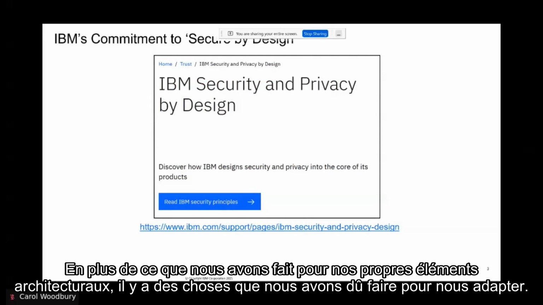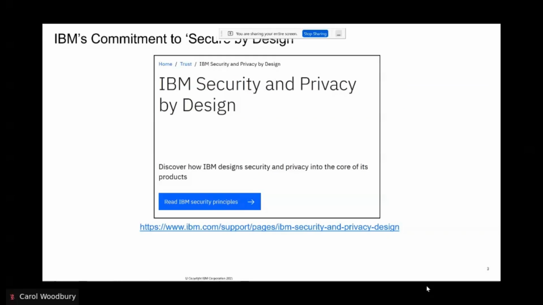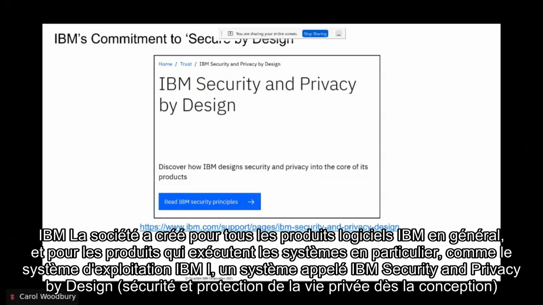And yes, you've advanced the slide. IBM has created, for all IBM software products in general, and for the products that run the systems in particular, like the IBM i operating system, a program called IBM Security and Privacy by Design, SPBD.